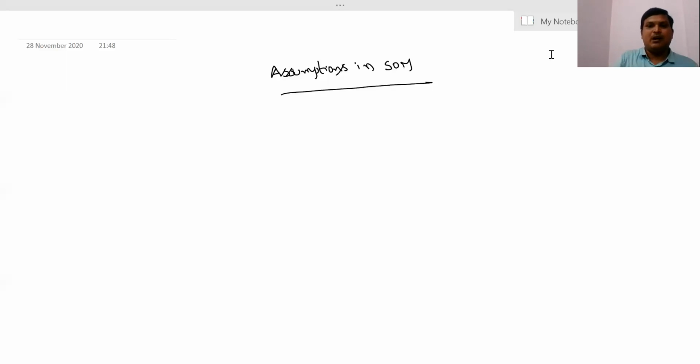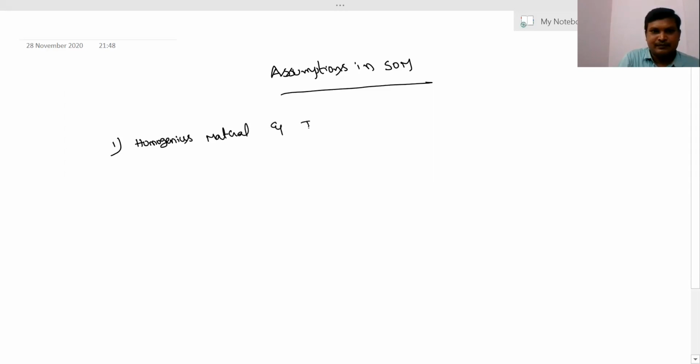After developing equations for stress and strain in strength of materials, we should know some assumptions of strength of materials. The first is homogeneous material and isotropic material.